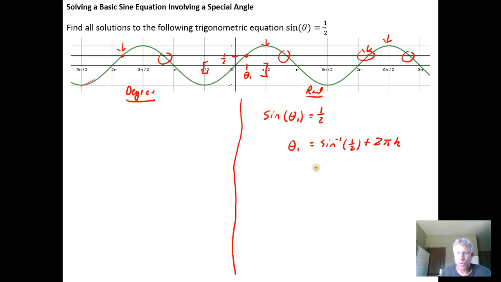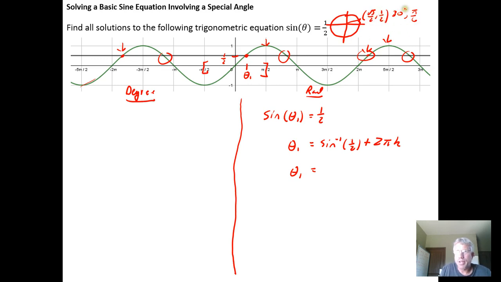So if I continue to push this through, I would get theta 1 equals, hey, what is the sine inverse of 1/2? Well, I need to think about the unit circle. So on the unit circle, between negative pi over 2 and pi over 2, if I have a 30 degree angle or a pi over 6 radian angle, that corresponds to the ordered pair root 3 over 2 comma 1/2.